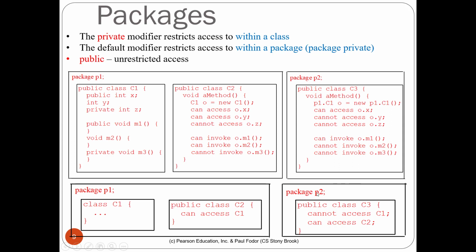But what will happen when you move to a different package, like package P2? You have another class C3. Can you access C1? No. Why? C1 is a class which is package private, not accessible outside this package P1. Can we access C2? Yes, because C2 is public.